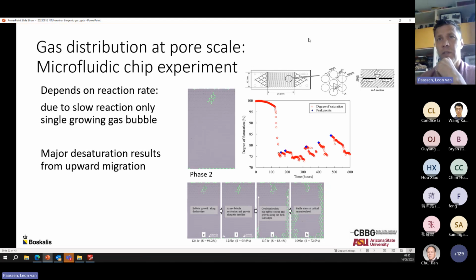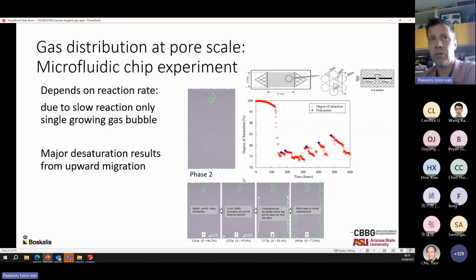In the second part of the experiment, about 5 days in, we see a sudden, very rapid decrease in degree of saturation, down to about 75%, which we considered the threshold for gas percolation. But this significant reduction in degree of saturation was not due to the formation of gas within the domain. It was actually due to the formation of gas below the domain at the boundary.